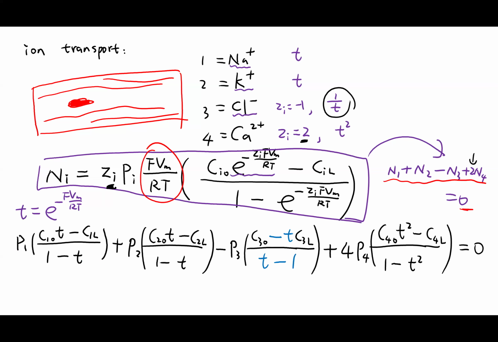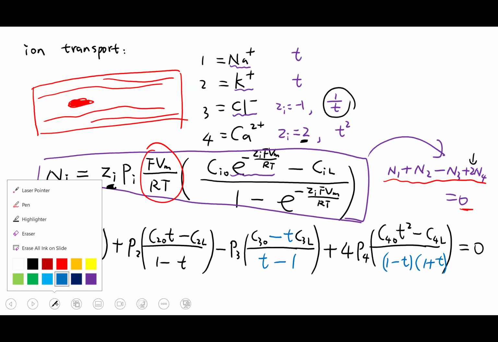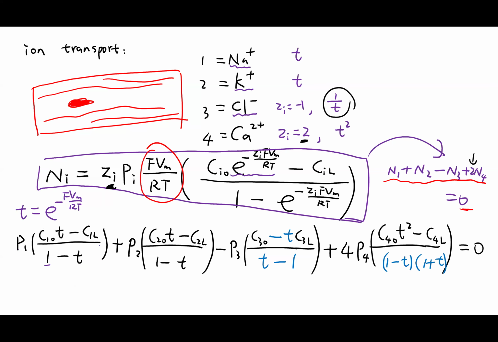Second, for 1 minus T squared, you can change it to 1 minus T times 1 plus T, okay? And then for both sides, you can cancel out 1 minus T. When you cancel this, be careful.